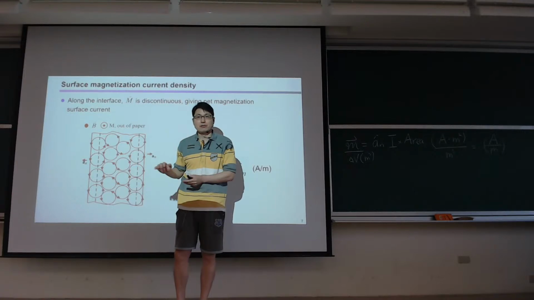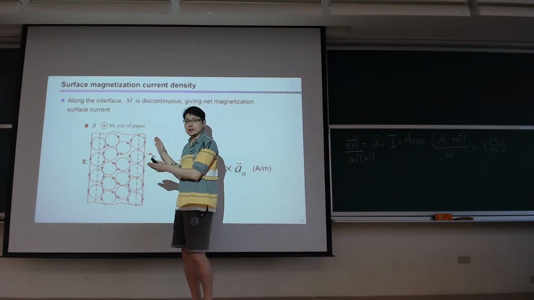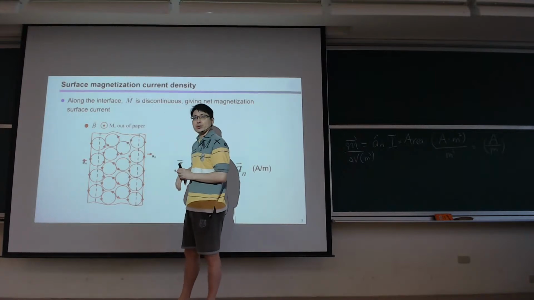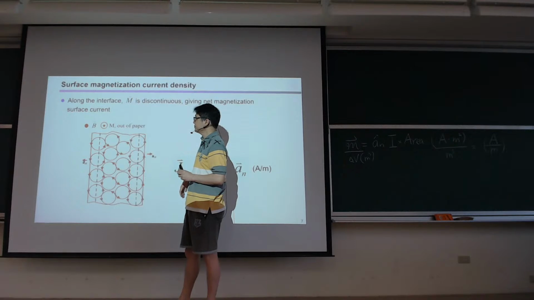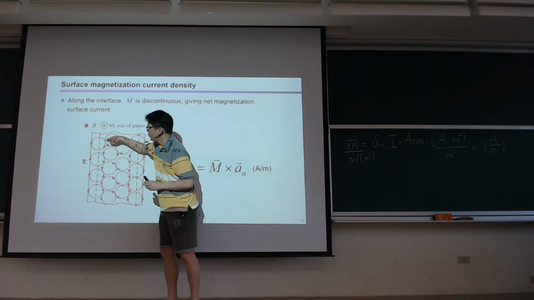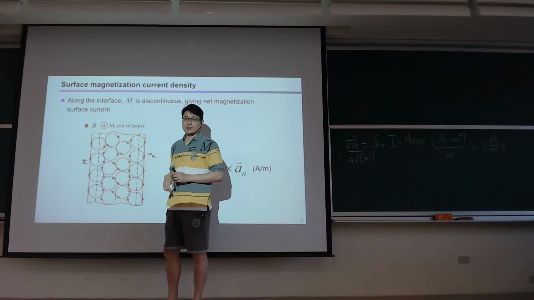Okay? So this is a well-behaved material. Now, if you look inside in a microscopic view, everywhere we would have orbiting electrons, right?